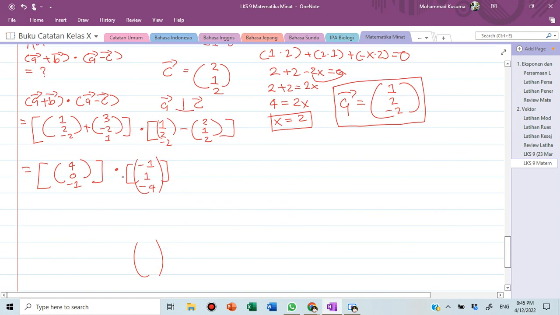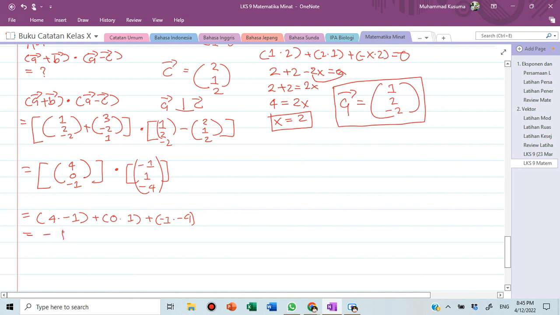Now we do the dot product. That means 4 times minus 1, plus 0 times 1, plus minus 1 times minus 4.